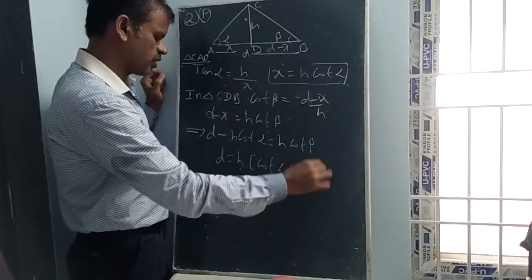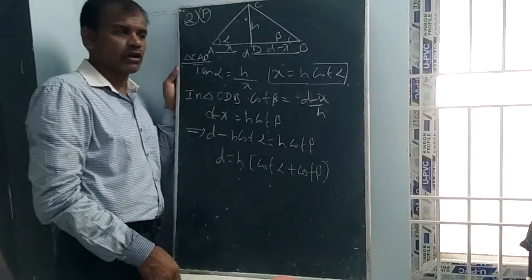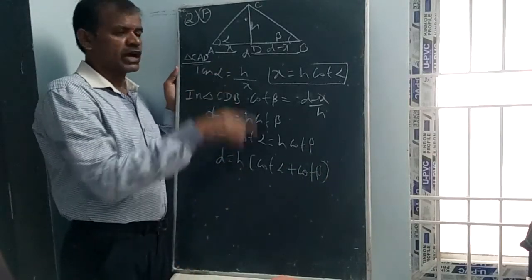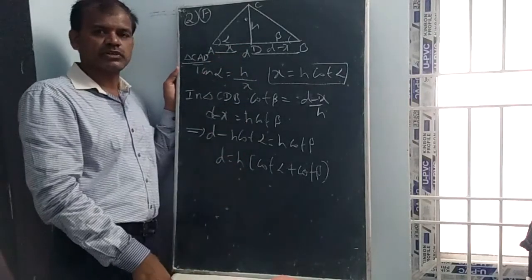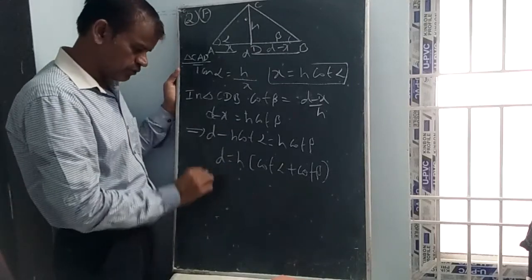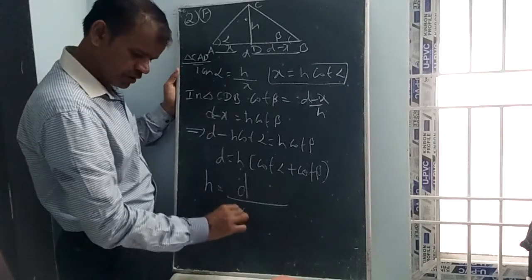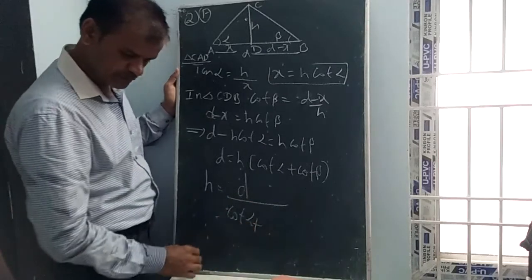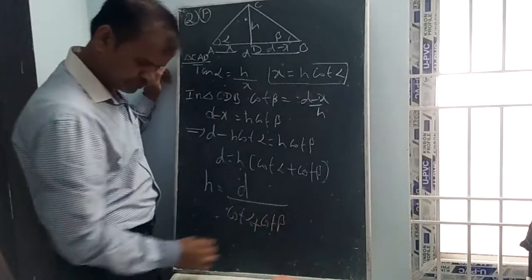In the previous formula we got D is equal to H into cot alpha minus cot beta, if the two angles are in the same direction. Now if the two angles are in opposite directions, the formula is D equal to H into cot alpha plus cot beta. If we need H, H is equal to D by cot alpha plus cot beta.